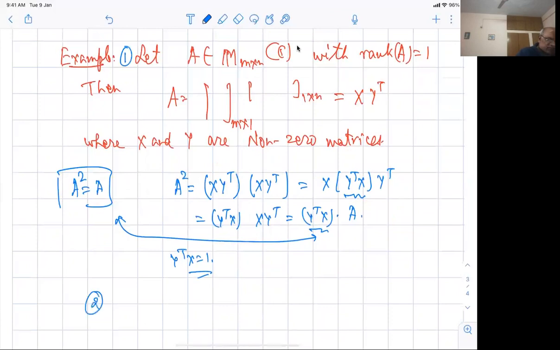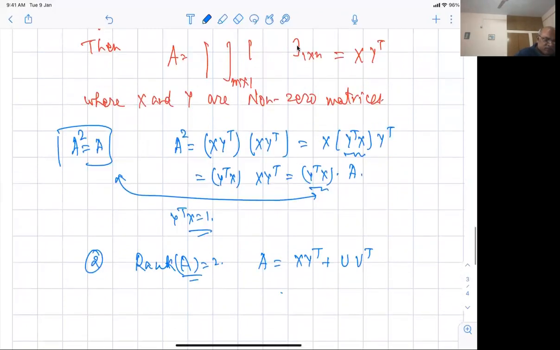So this is one example. Another example is, suppose the rank of A is 2. Then I would like you to see that A will be equal to x y transpose plus u v transpose, two matrices. So basically it is going to look like x and u here, and y transpose and v transpose.